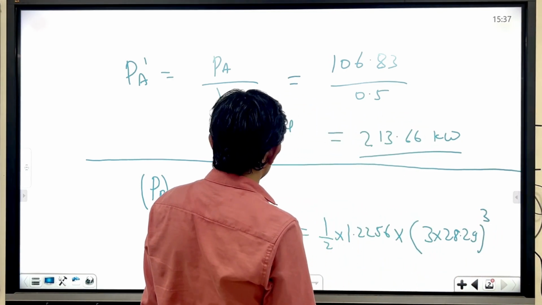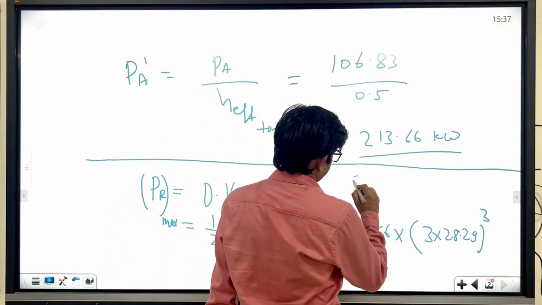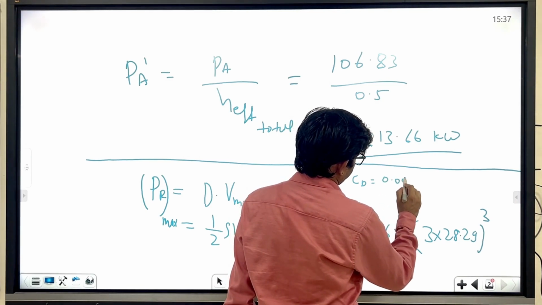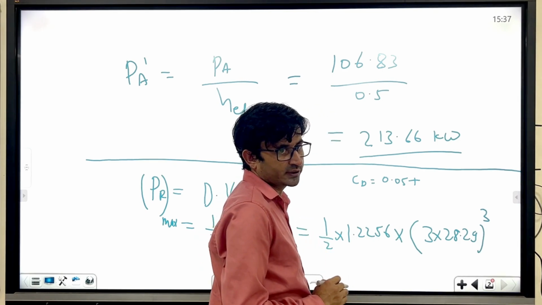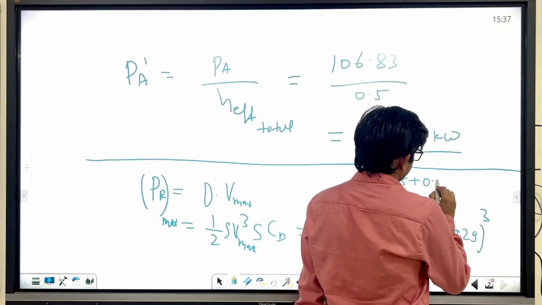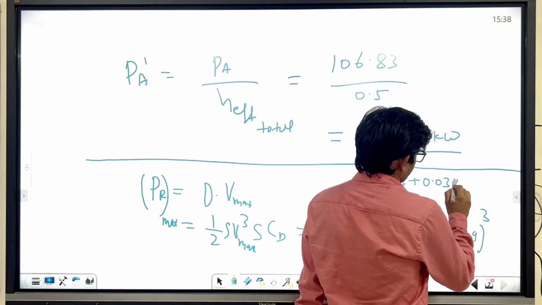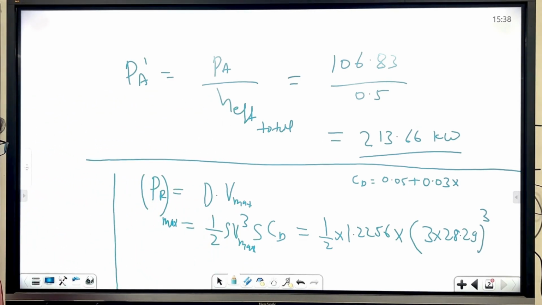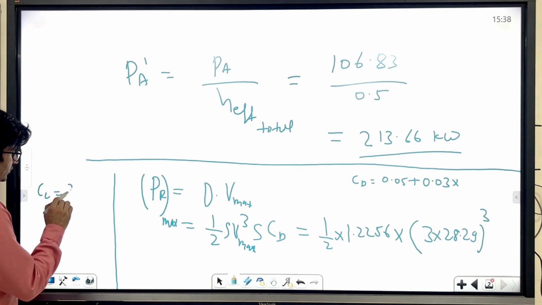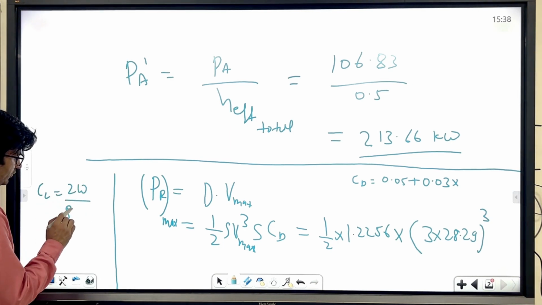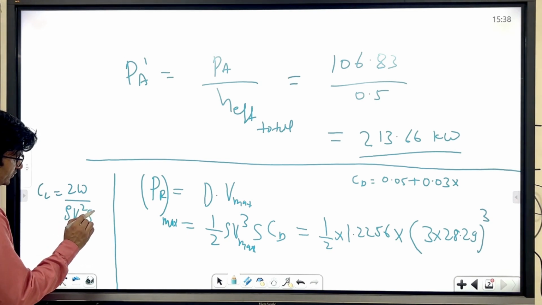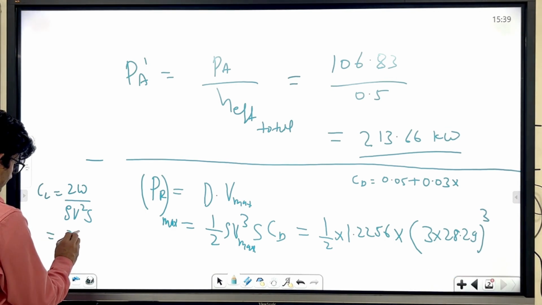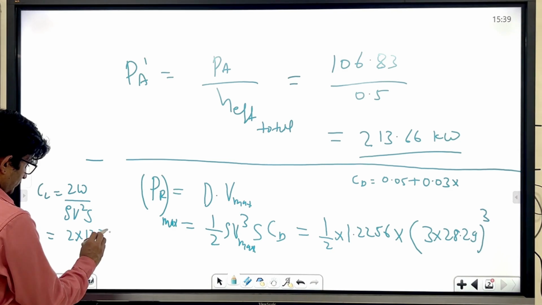And how will you calculate CD? CD you may write as CD equal to CD naught, which is 0.05, plus K CL square. What is the K value? 0.03, right? What is the CL value? CL value you can calculate like this: CL equal to 2W divided by rho V square S. You also calculate the same.